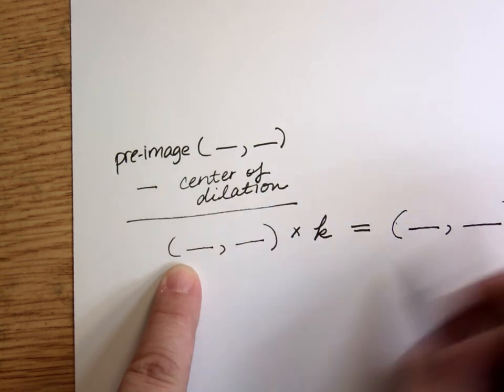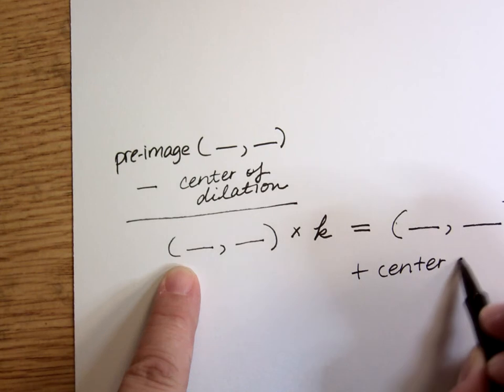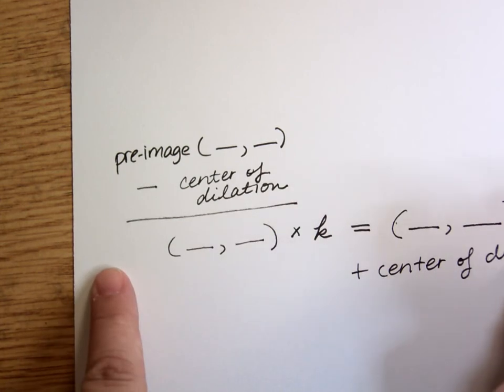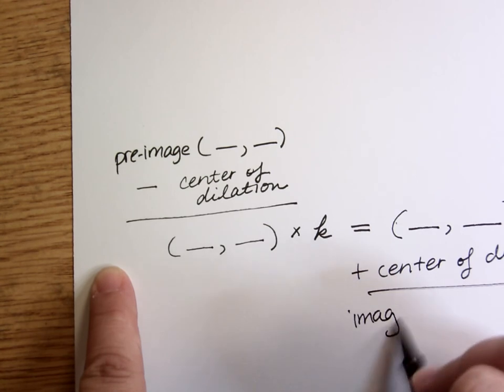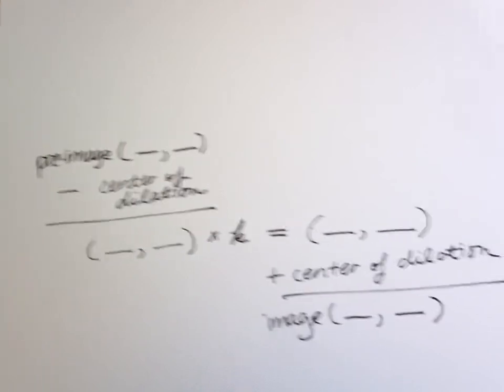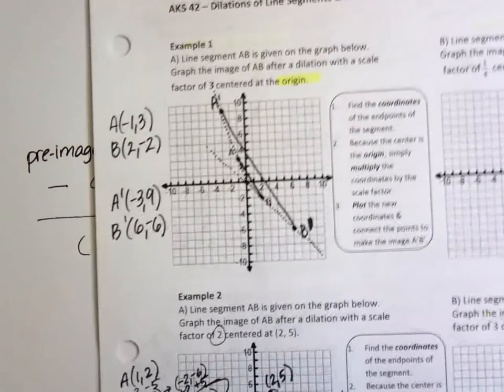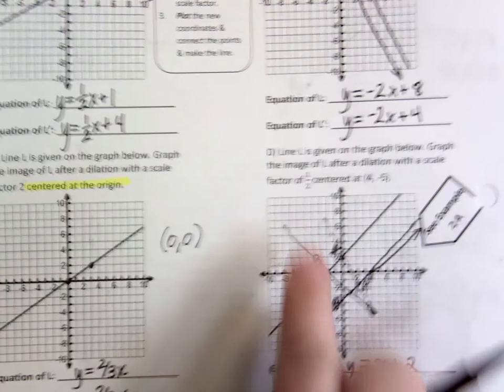Then you add back in the center of dilation, and that is your image. So this is the process. You're doing that again on 2A, 2B, or 2D, and then on the back we have to do that on D here and G at the bottom.